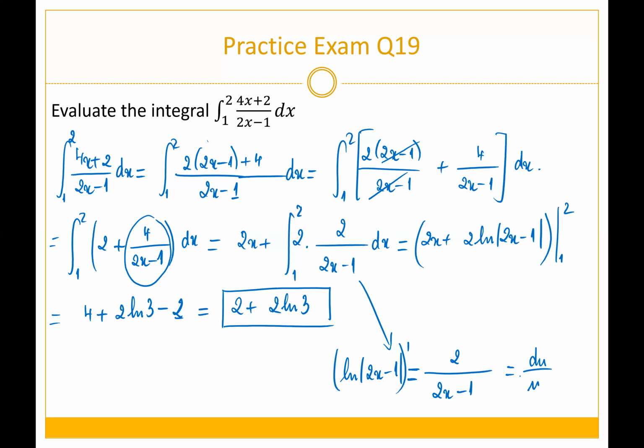U here is 2x minus 1 and du is 2. So that's why you need the 2 here, to change this entire thing so that taking the integral of that becomes ln of 2x minus 1. Do you see why I'm doing that?